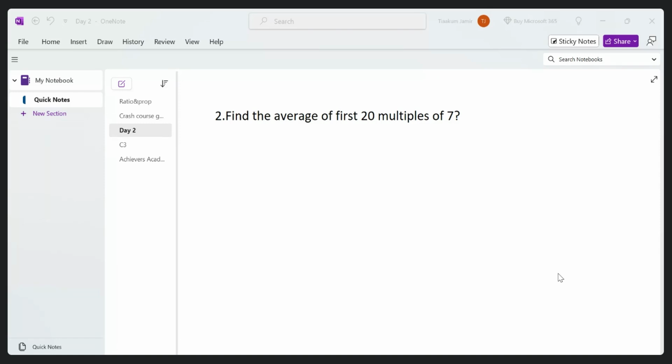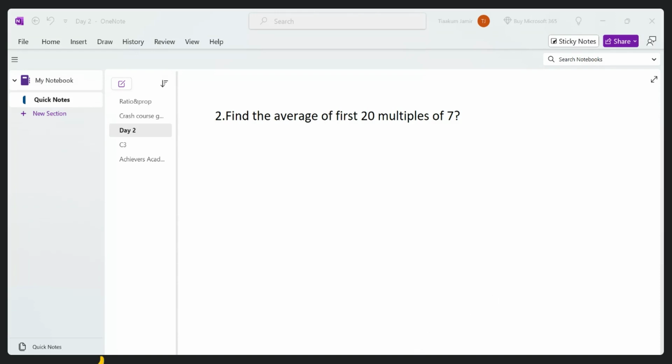Hello, I think your simplification might be wrong, you can check. Yes, all right, you got it? Not 20.5, 73.5. Okay, so 73.5 will be the answer.